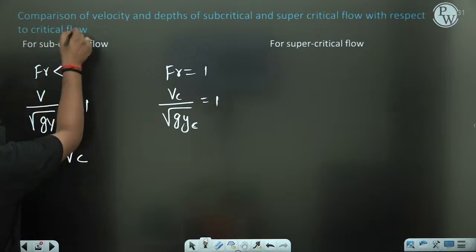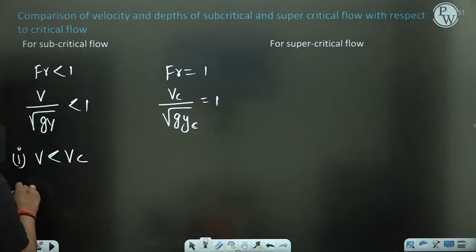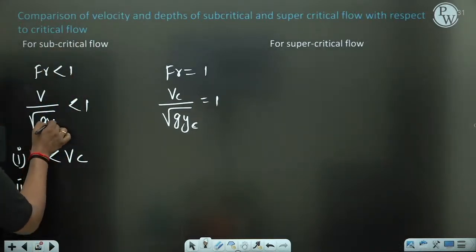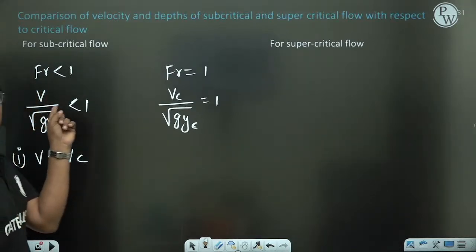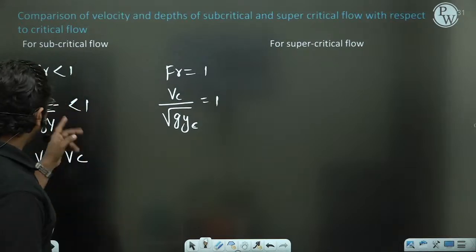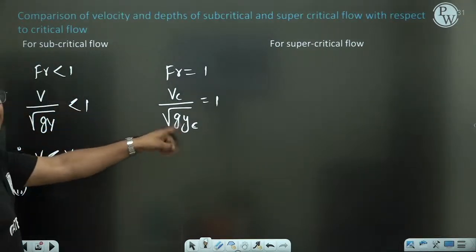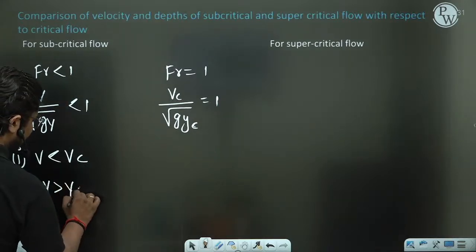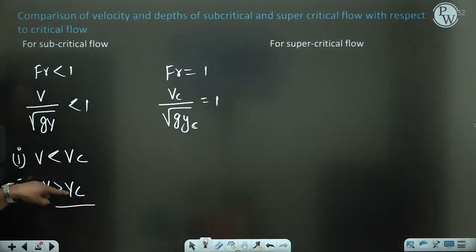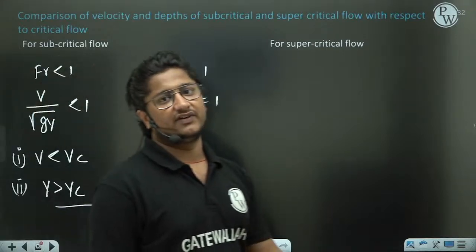Another condition is when your denominator is more. Either the numerator is less than the Vc part, or the denominator is more than this part, that means Y will be greater than Yc. So in these two conditions, you will get this value less than 1.